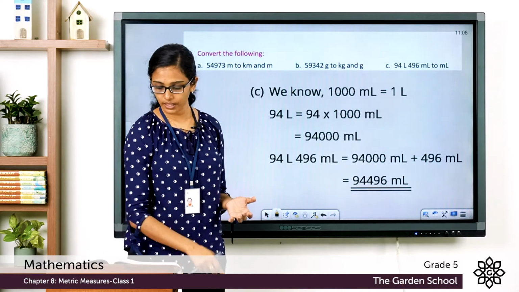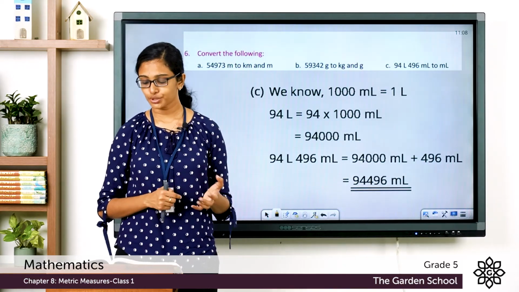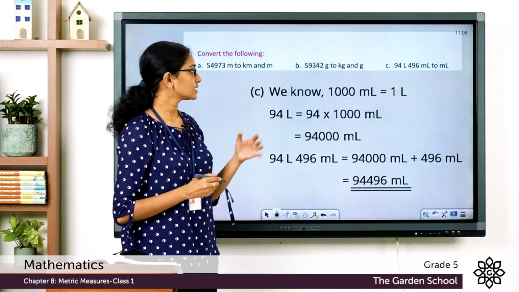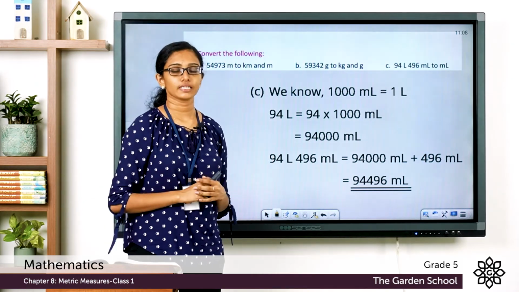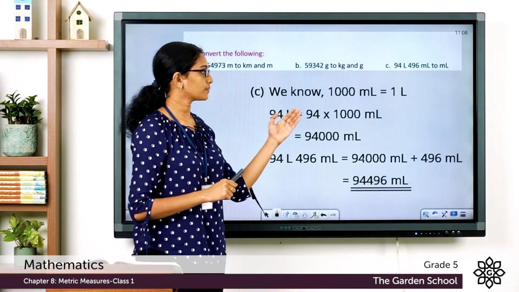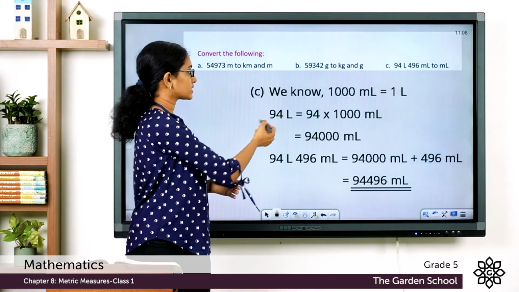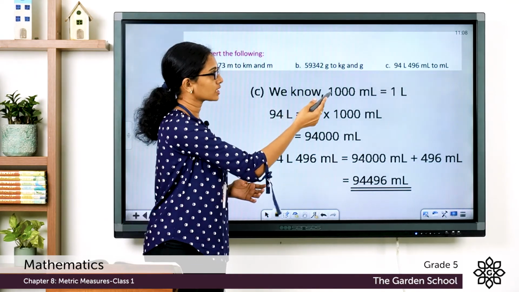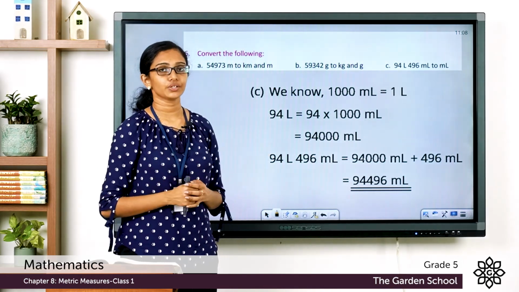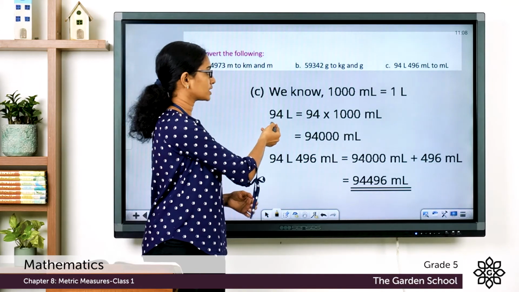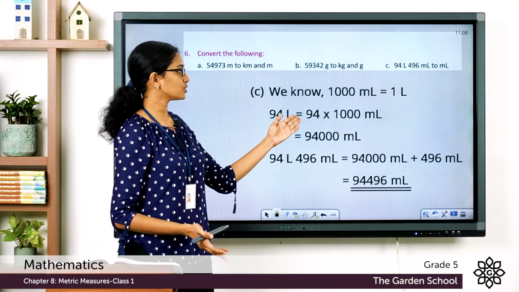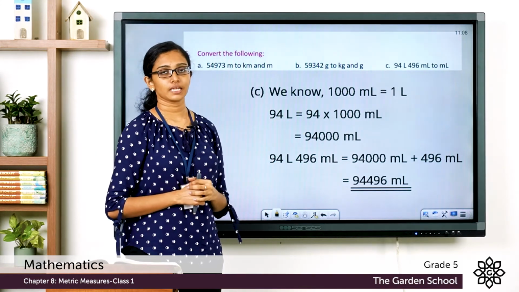Now the third question. 94 liters 496 milliliter to milliliters. Now we have already learned 1000 milliliter is equal to 1 liter. Now the given question is 94 liters 496 milliliters to its equivalent measurement in milliliters. So we can rewrite this 94 liter in terms of milliliters. How? 94 liters is equal to 94 into 1000 milliliter.